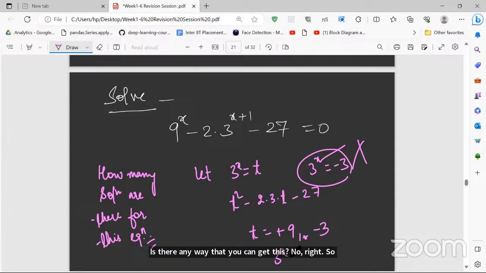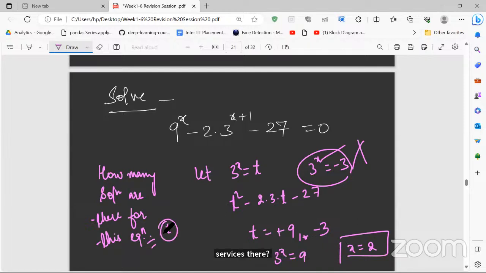So now 3 to the power x equals 9, and x equals 2 is the only solution. So how many solutions are there? One. This is the mistake you make in the paper. It's not that difficult, it's pretty simple, simpler than quiz 1 and quiz 2 that we've solved. But if you make this kind of mistake, I guess.